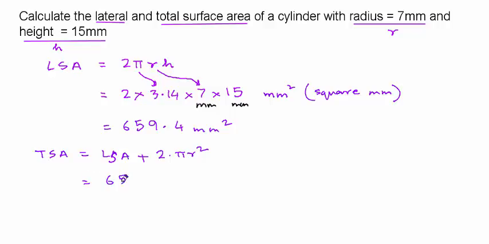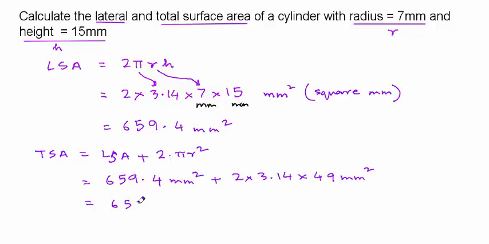This is going to be equal to 659.4 square millimeters plus 2 multiplied with pi, that's 3.14, times the square of the radius, square of 7. 7 times 7 is 49. So let's just go ahead and put a 49 there. And this is also going to be a millimeter square.